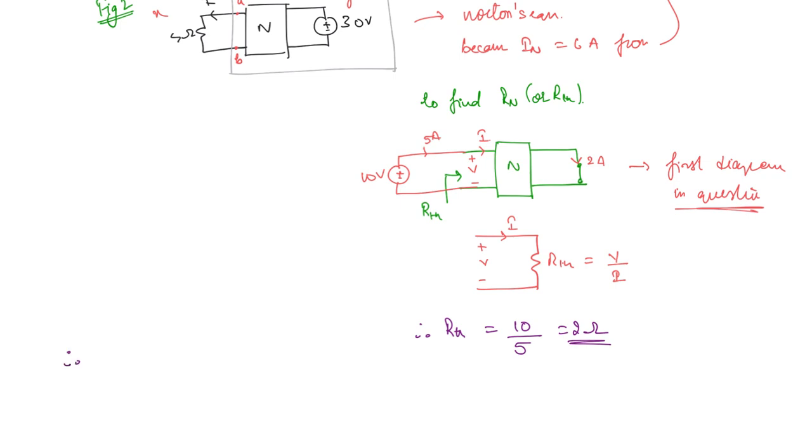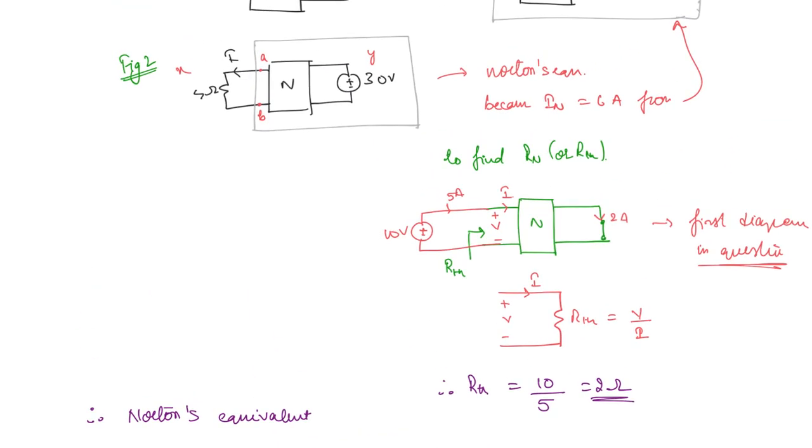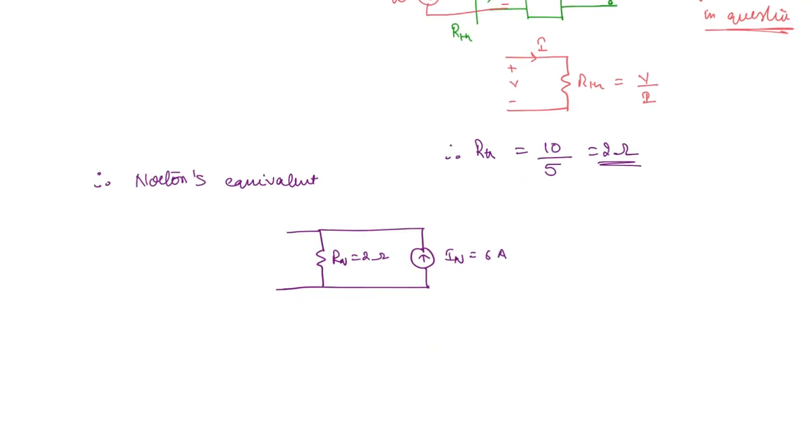So therefore the final Norton's equivalent, in the form of Norton's equivalent, what you're going to get: the resistance Rn is equal to 2 ohms, the current source In is equal to 6 amperes, and what was the resistance value here? It is 4 ohms. So you can write the terminals as well.